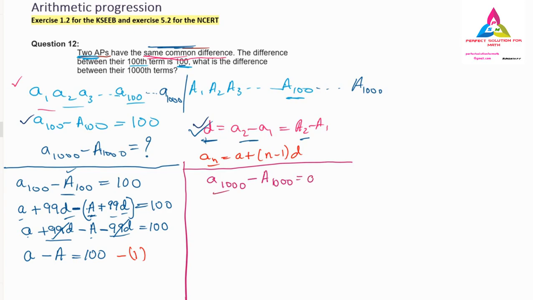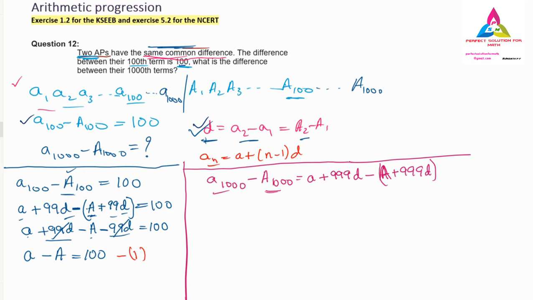It is nothing but small a plus how much d? 1001 less, that is 999d. Similarly, capital A1000 we can write as capital A plus 999 times d, with a bracket over here.